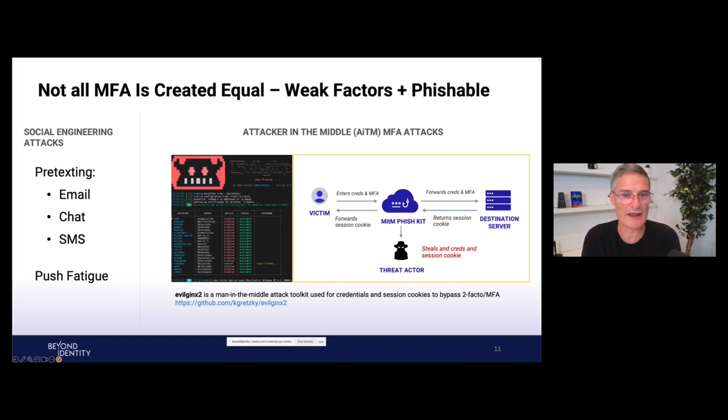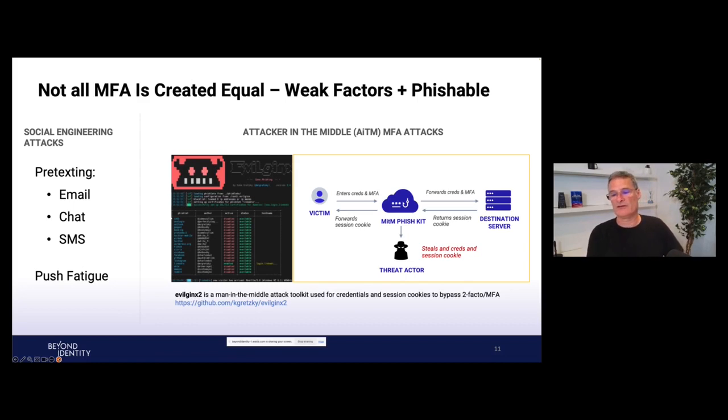So there's one class, and the idea is any factor that is a password or a password by another name, whether we're talking about a one-time password, a magic link, et cetera, or another knowledge factor, for example, the color of the house that I grew up in. Any of those things are just weak factors, and we'll talk a little bit about those.